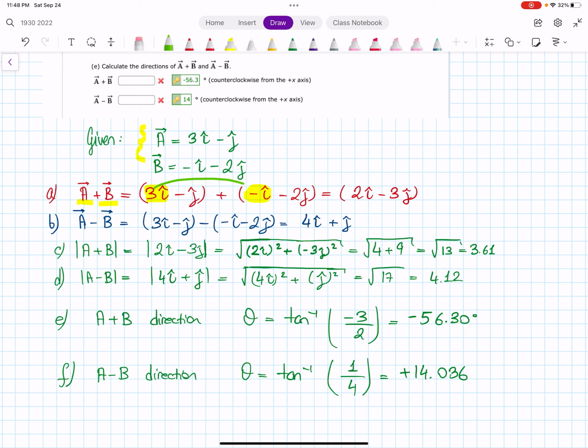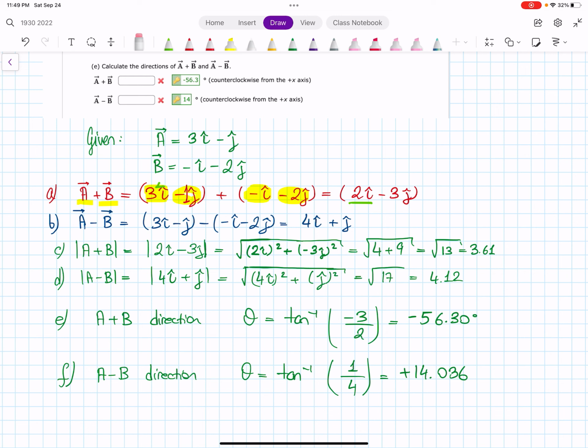We have the x components: 3 plus -1 will give you 2. Then you take the vertical components and also combine them. Negative j hat means we have -1 j hat plus -2 j hat. What's -1 plus -2? That's going to give you -3.